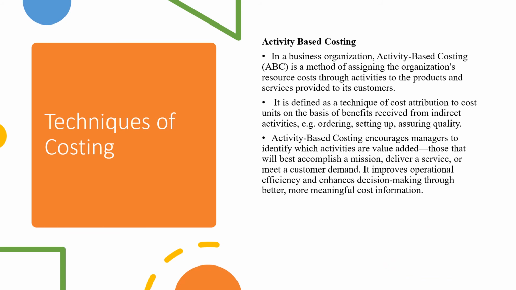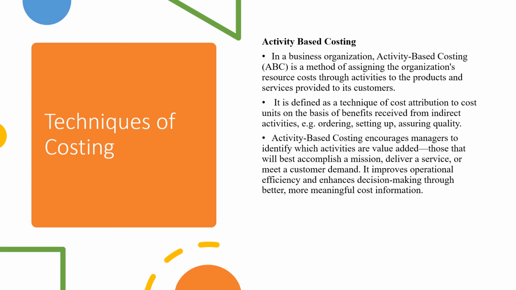We will move forward, and last but not the least, we have activity based costing. It is also called ABC costing. In short, it is activity based costing. This is a method of assigning the organization's resource costs through activities to the products and services provided to its customers.